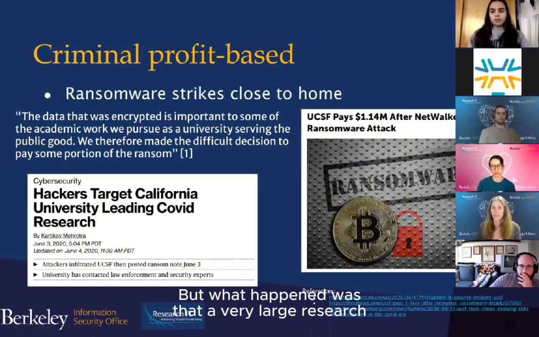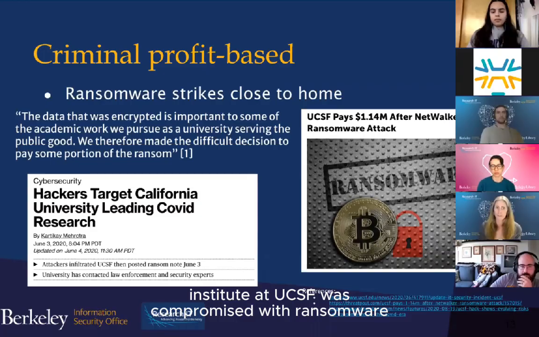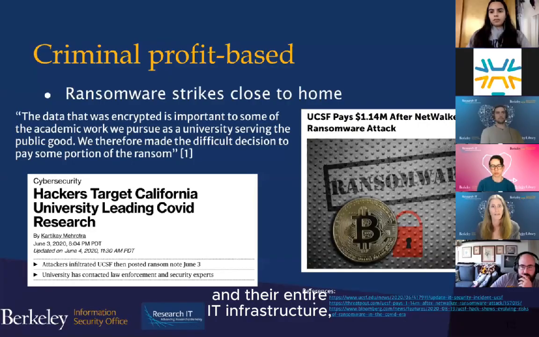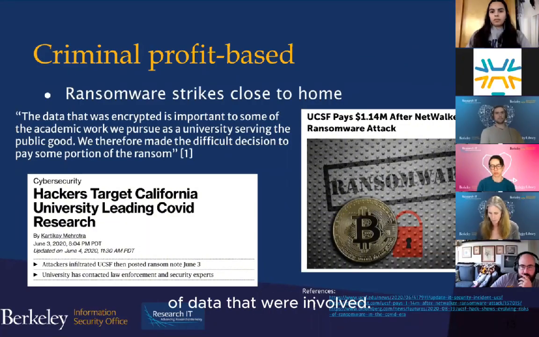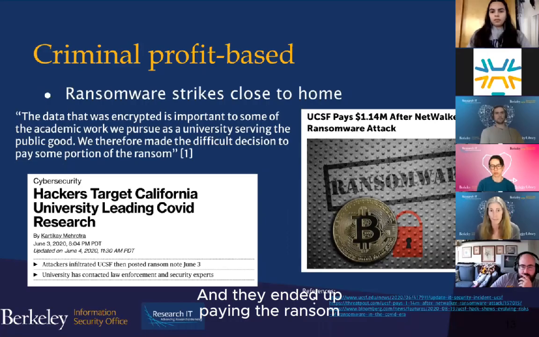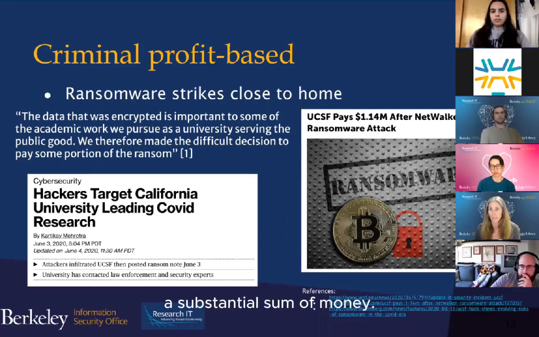But what happened was that a very large research institute at UCSF was compromised with ransomware, and their entire IT infrastructure just for this one institute was compromised. So it was massive amounts of data that were involved. And they ended up paying the ransom, a substantial sum of money.